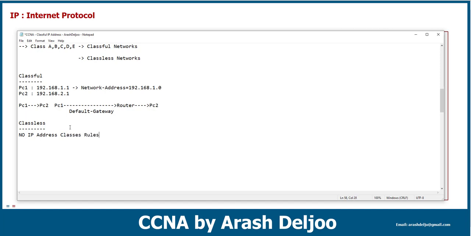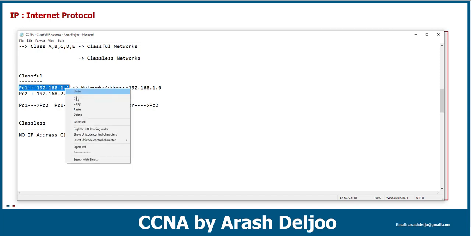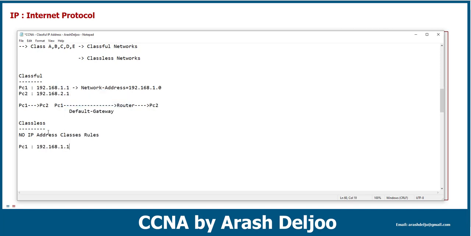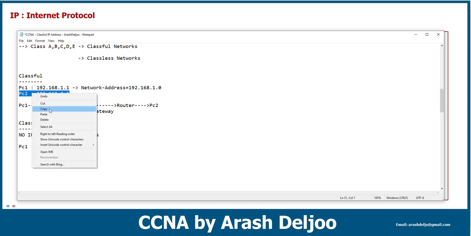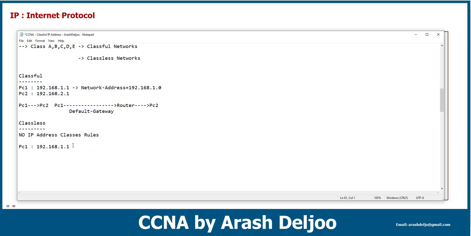Okay, this is good. But the question now is how PC1 can understand whether PC2 is residing in the PC1 network or not. Again, we have a question and we need to answer it. In classless networks we don't have the IP address classes rules.